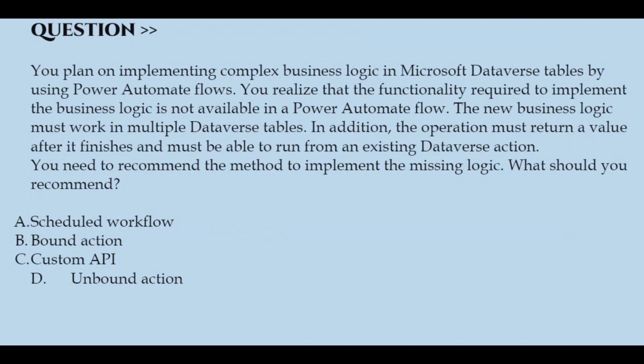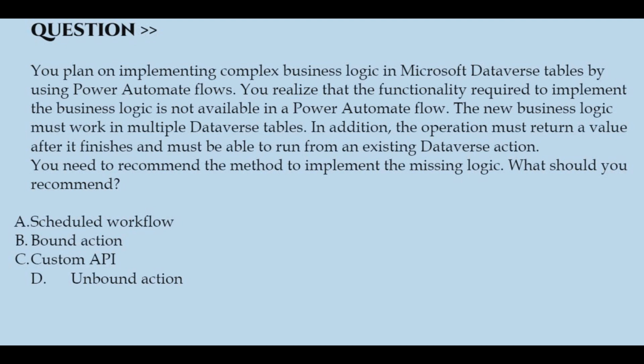Next question is, you plan on implementing complex business logic in Microsoft Dataverse tables by using Power Automate flows. You realize that functionality required to implement the business logic is not available in the Power Automate flow. The new business logic must work in multiple Dataverse tables.